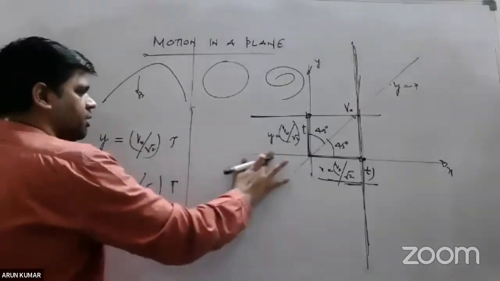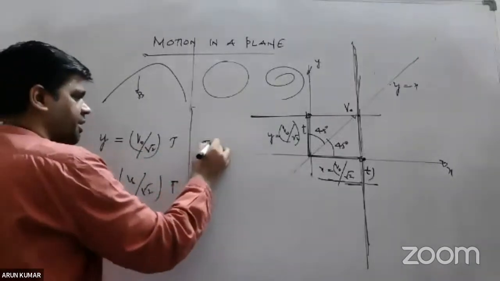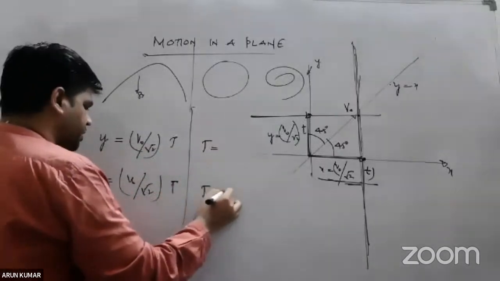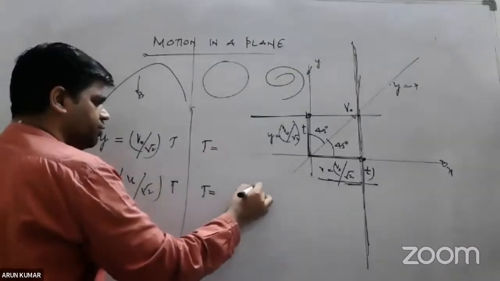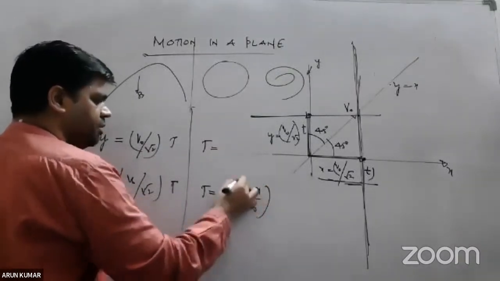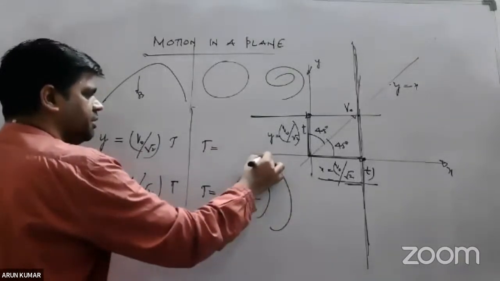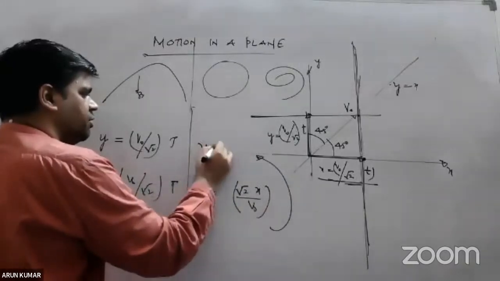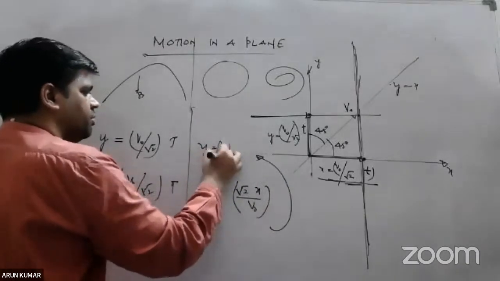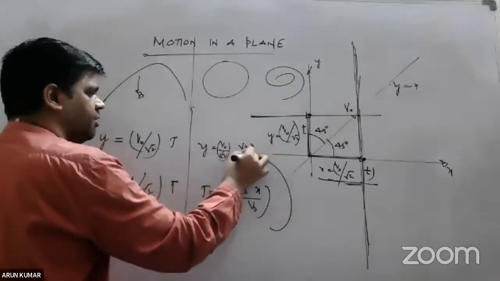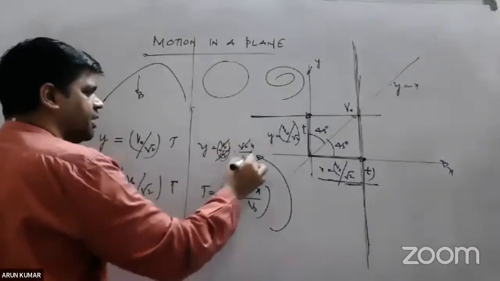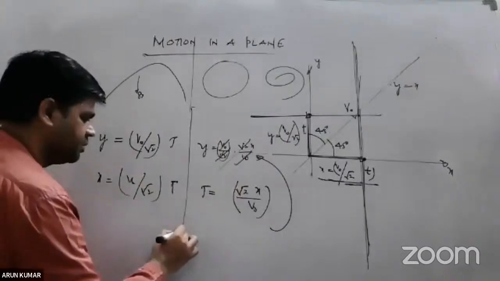So either I can divide or I'll take t from here. T is equal to root 2 x by v naught. I substitute this t here in the y equation. Y is equal to v naught by root 2 into root 2 x by v naught. V naught gets cancelled, root 2 gets cancelled. I'll get y is equal to x.